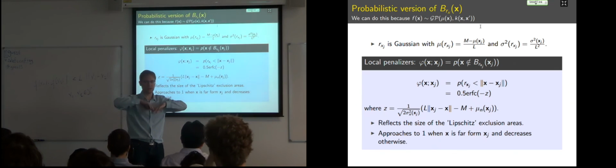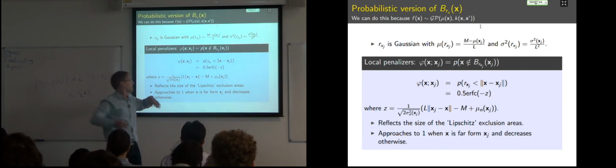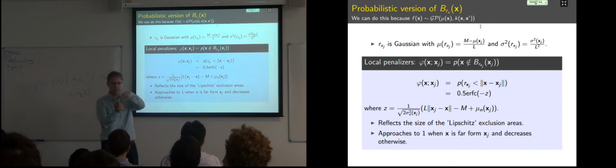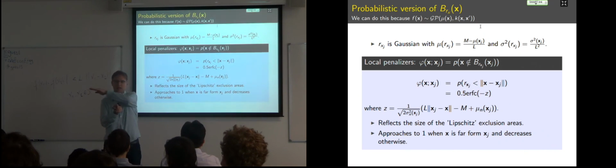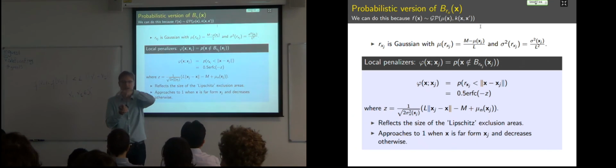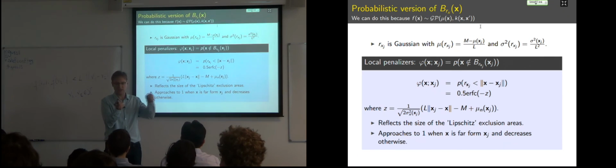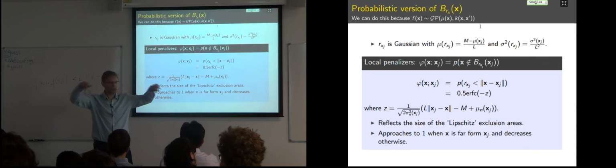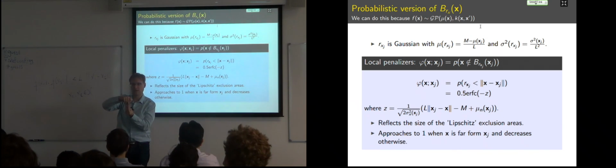And these functions are essentially going to be defined as the probability, given a point in the domain, of the maximum not being in a neighborhood of it. So this function is going to be very small around the points I have collected, and it's going to grow up to 1 for regions which are far from the point I'm looking at.